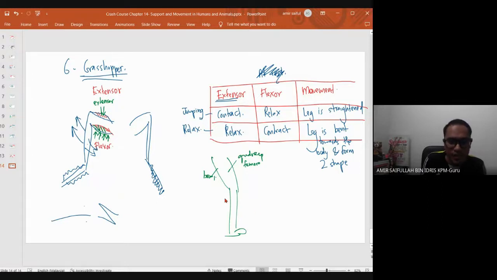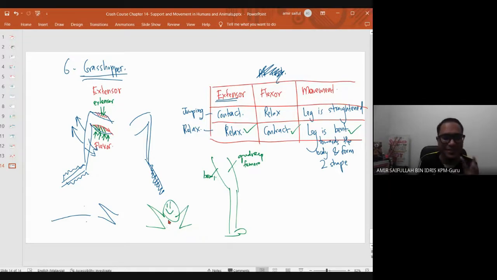So before the insect wants to jump, the flexor will contract, extensor relaxes, so the leg is bent. The leg is bent towards the body of the grasshopper, and the leg will form like a Z shape, like this. This is its leg. So this is the grasshopper.